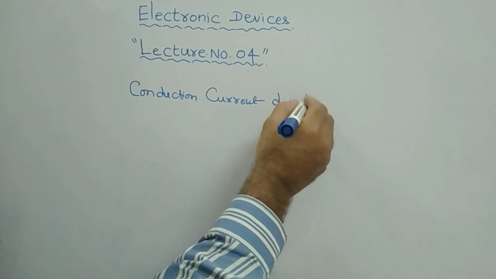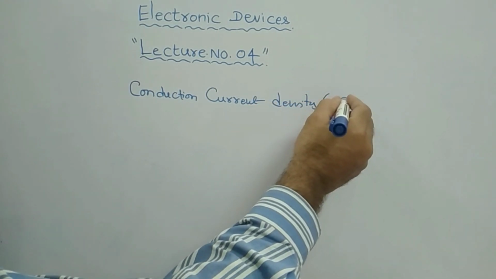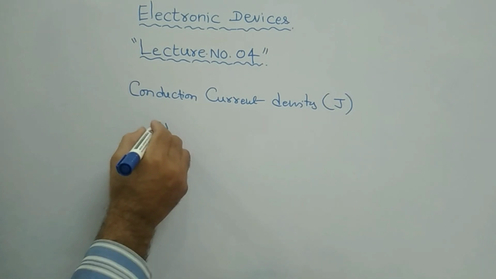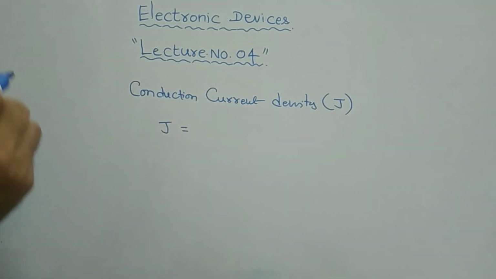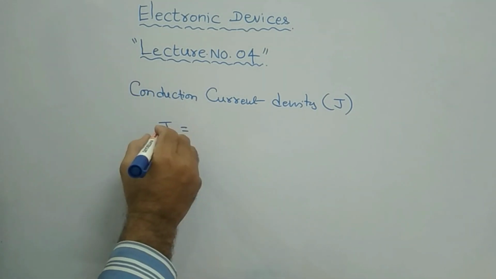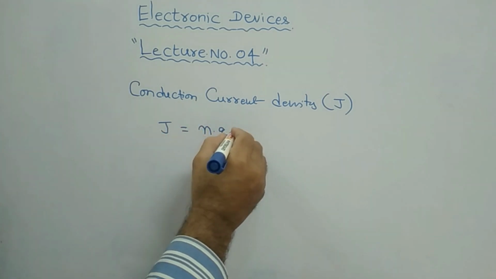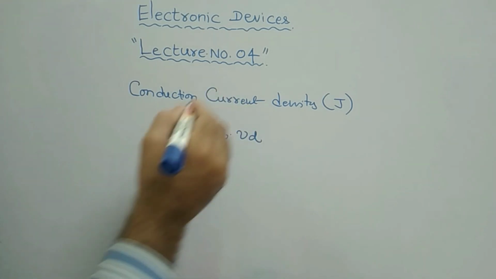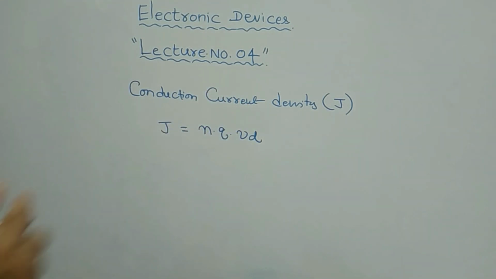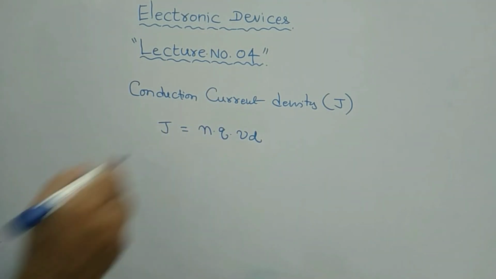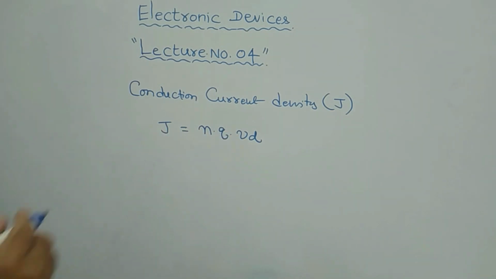Conduction current density, capital J, is equal to, what is the formula? Remember, J is equal to N into Q into Vd. N is the concentration of electrons, Q is the charge of an electron, Vd is the drift velocity.